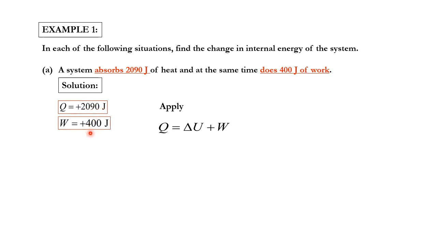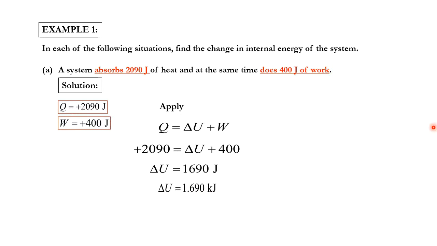The system does work, meaning work done by the system, positive 400. Then we substitute values into the equation and we get the internal energy change of positive 1.690 kilojoules.